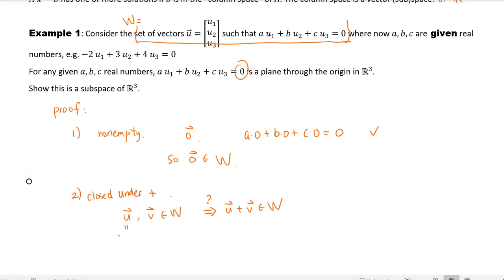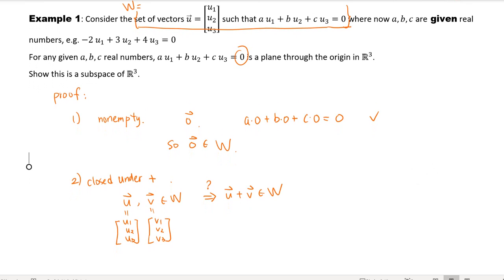Let's say U is U1, U2, U3 and V is V1, V2, V3. They are in W, meaning U satisfies A times U1 plus B times U2 plus C times U3 equals 0. And because V is in W, it means A V1 plus B V2 plus C V3 equals 0.